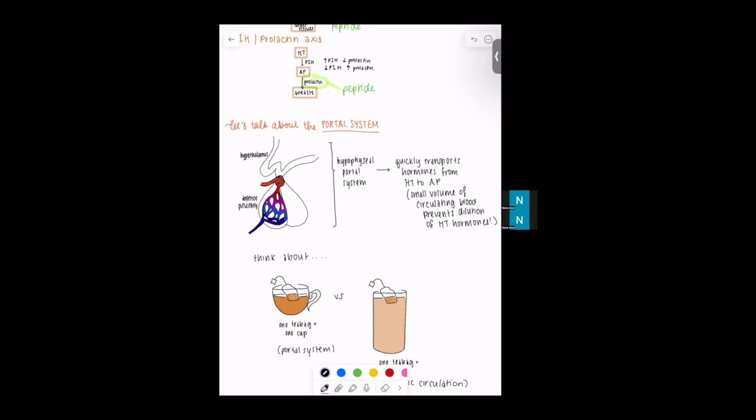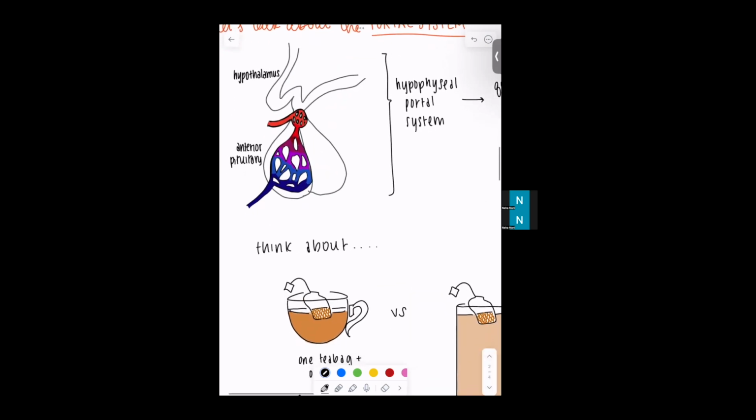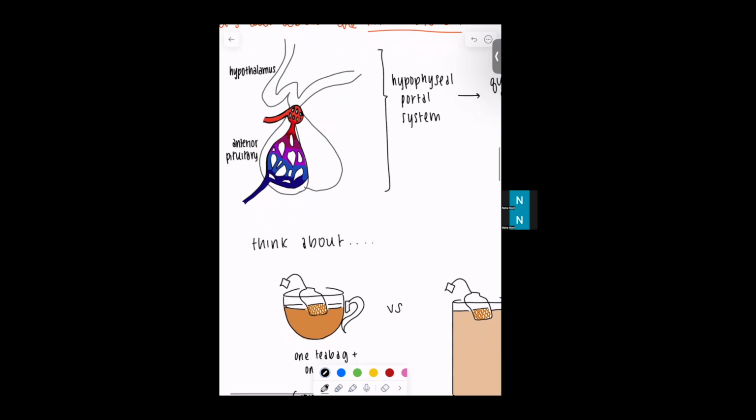And if you were to secrete a very small amount of hormone into that large volume, you would end up diluting that hormone drastically. But what's really genius about the portal system is that you have a very small volume of blood that is circulating throughout the gland here. So I'm showing you arterial blood coming in and venous blood at the bottom here.